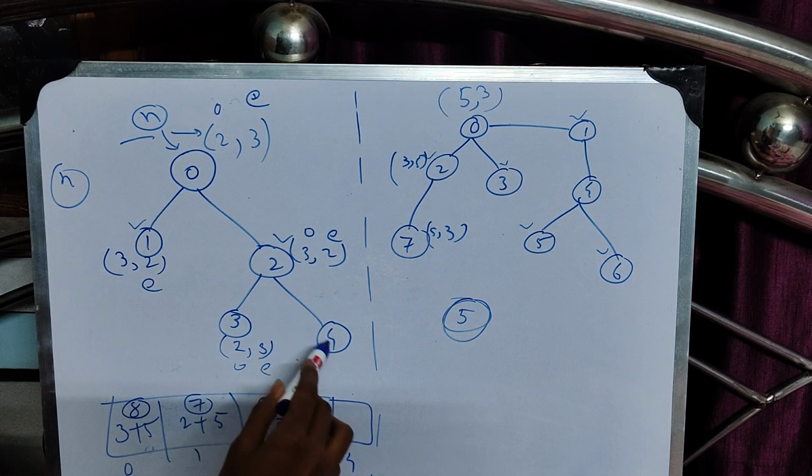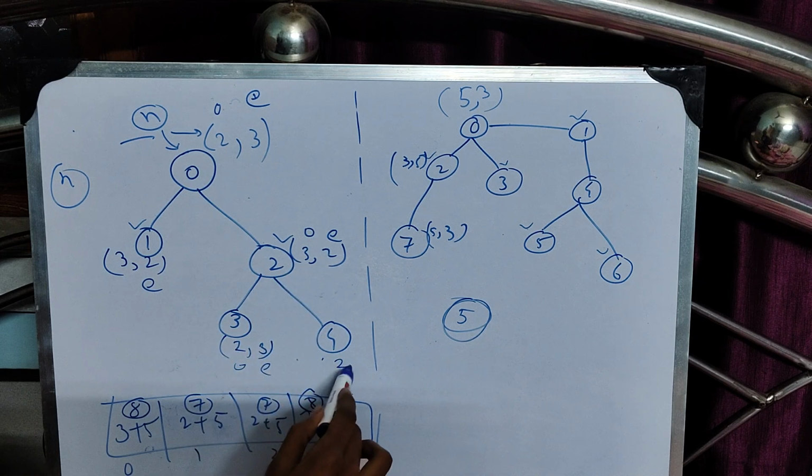And for the fourth one it will be 3, 2, 2, 3, odd, even is 3 plus 5, that will be 8.